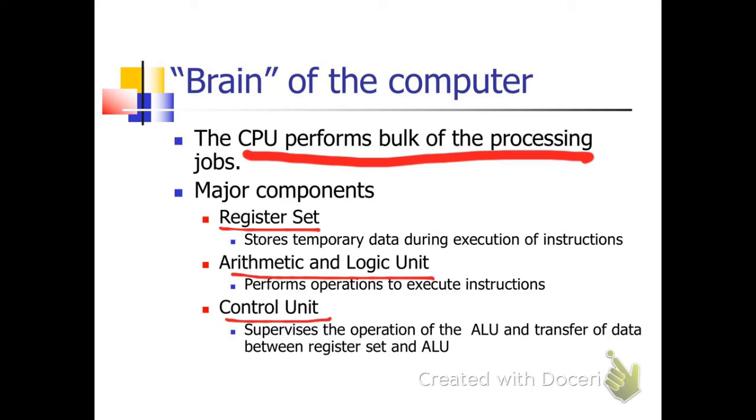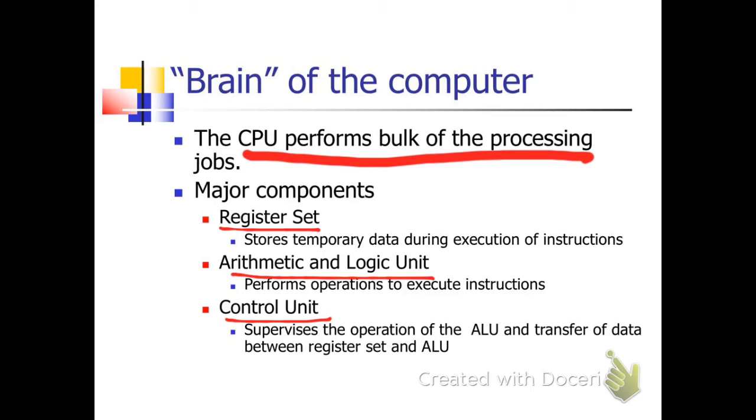However, when the CPU wants to execute some instruction, it has to fetch this data from main memory and put it in the registers so that it can access it faster. There are a number of registers available in the computer, and these registers are known as the register set. So it's a temporary storage.